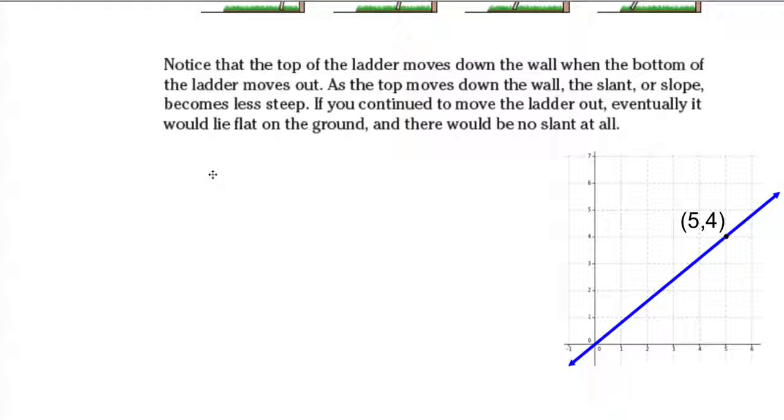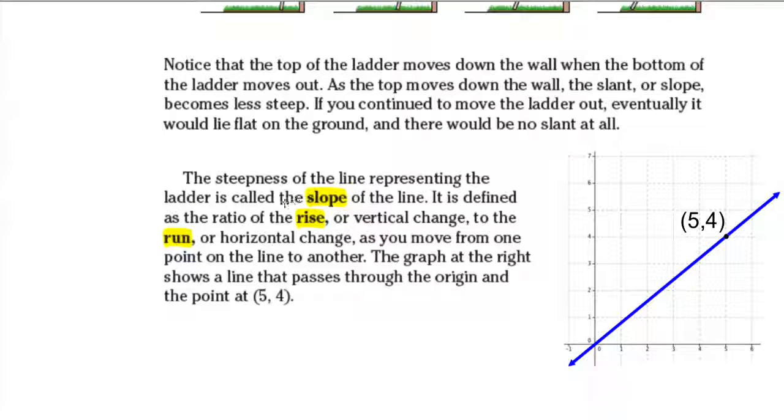The steepness of a line representing the ladder is called the slope of a line. It is defined as the ratio of the rise, or vertical change, to the run, or horizontal change. So basically the slope is rise over run.